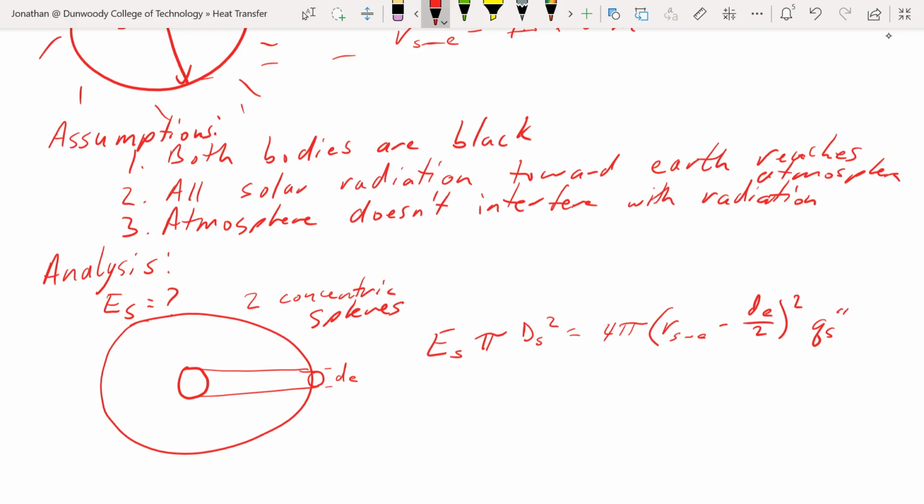Right, so this is what we're receiving at Earth, this is what we're giving off from that, and these 4 pi pieces here are essentially the percentage of that that reaches the Earth.